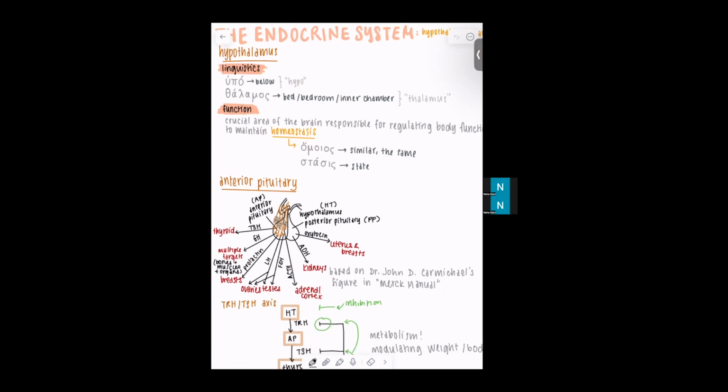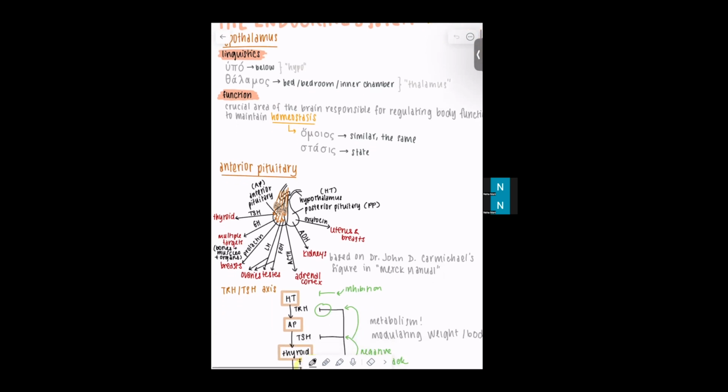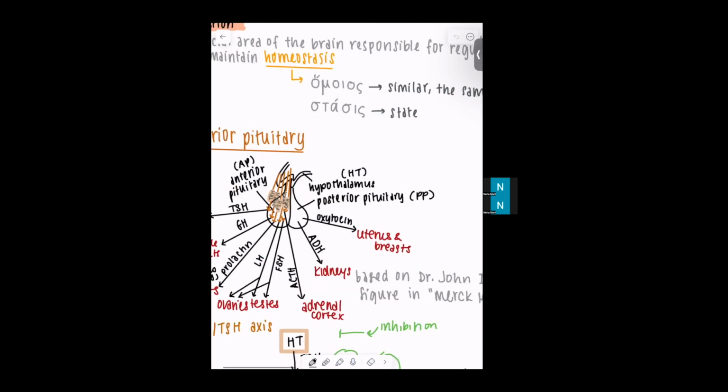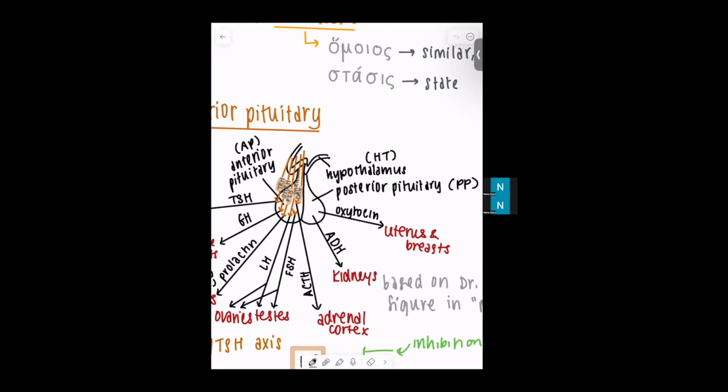So now that we know what the hypothalamus does, we can consider what the next part of this axis is, the anterior pituitary. And the anterior pituitary is one of two lobes of the pituitary gland, which rests beneath the hypothalamus, as I've drawn here. Maybe I can shade it.